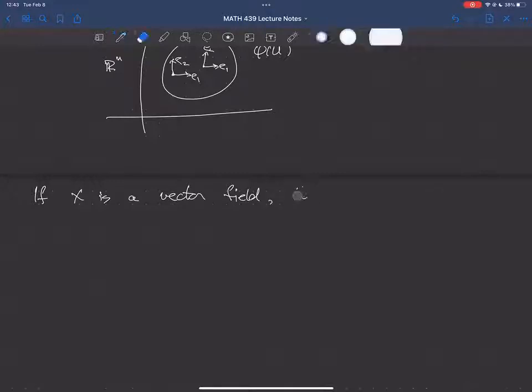we can write X of x equals, right, so let me just sort of first say that because it's a vector field and because this is a tangent vector at the point x, it's necessarily going to be the case that this thing will be a linear combination of the basis vector fields at the point x.